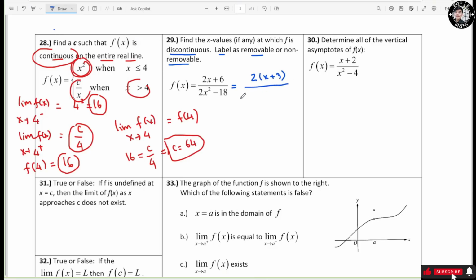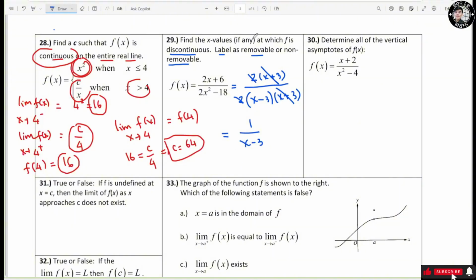The bottom, when you factor 2 out, is going to be s squared minus 9. This is actually a difference of 2 squares, right? So it could be s minus 3 times s plus 3. Now the 2 and 2 cancel out, so the answer is 1 over s minus 3.